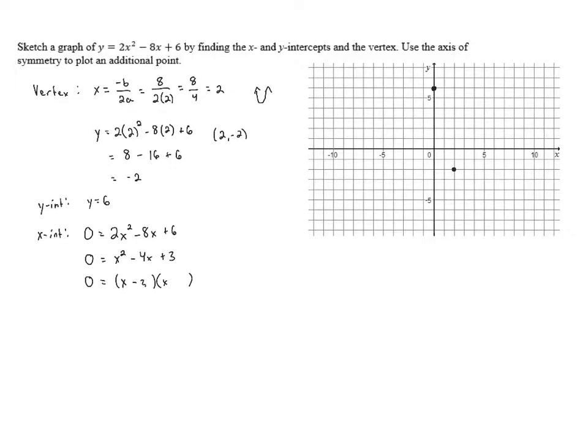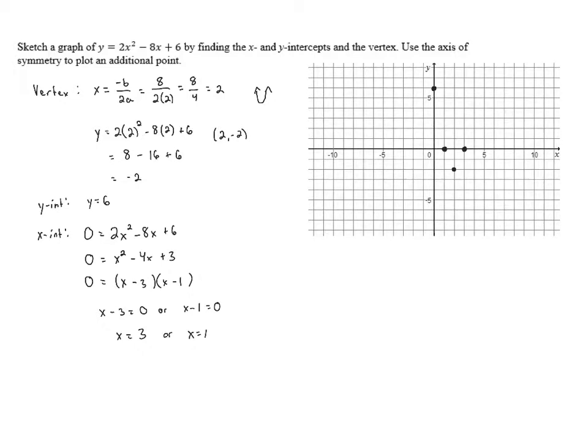Those numbers are negative 3 and negative 1. Then we set each factor equal to 0. x minus 3 equals 0, or x minus 1 equals 0. And when we solve, we get x equals 3, or x equals 1. So our x-intercepts are 3 and 1.